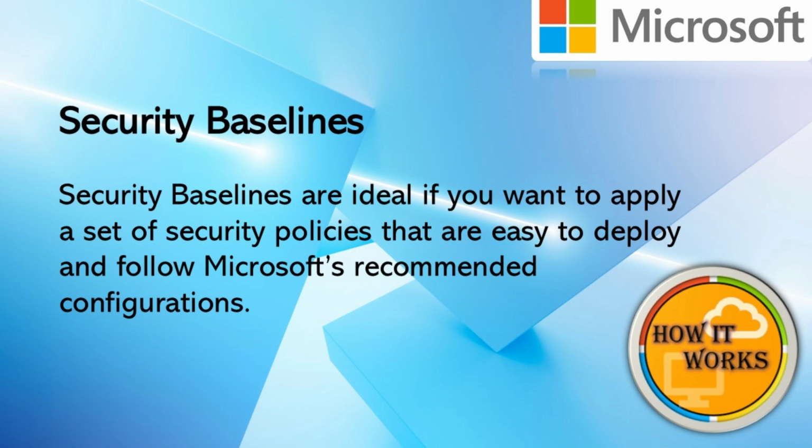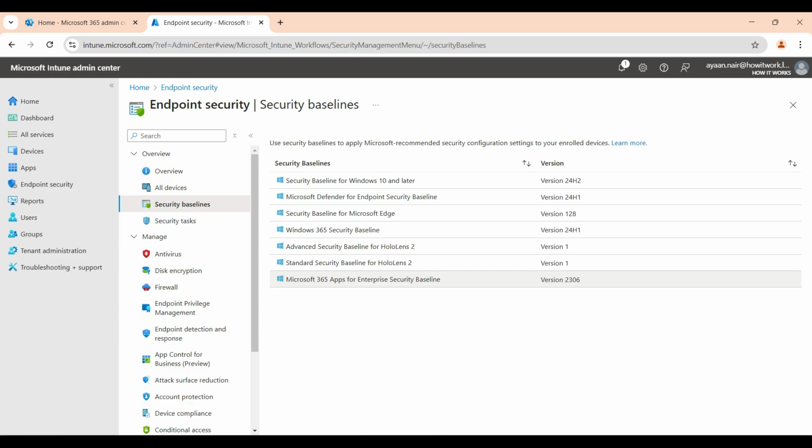Finally, we have security baseline. You can open that from endpoint security and you will see the security baseline here. Security baselines are predefined security configurations based on Microsoft best practices. These settings are designed to help you quickly secure your device without the need for extensive customization.